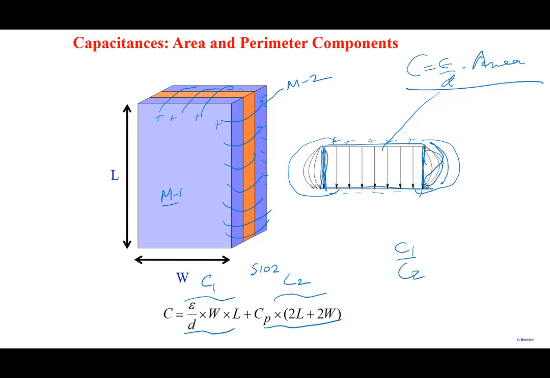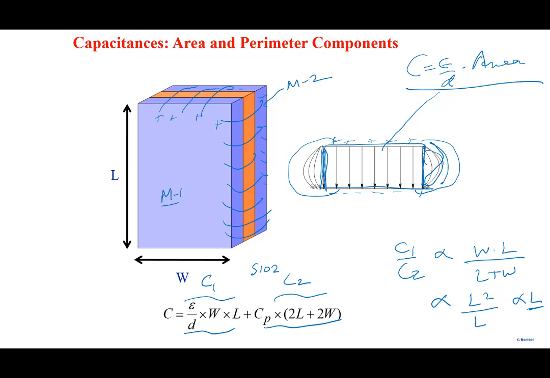C1 by C2 will go as proportional to W into L by L plus W. Let's say W and L are similar. So you get L square and you get L, and this is proportional to L. C1 by C2 is roughly proportional to the size of the plate.